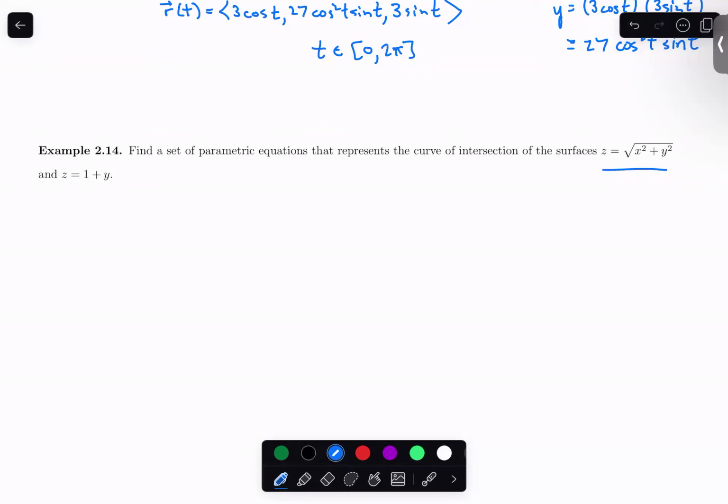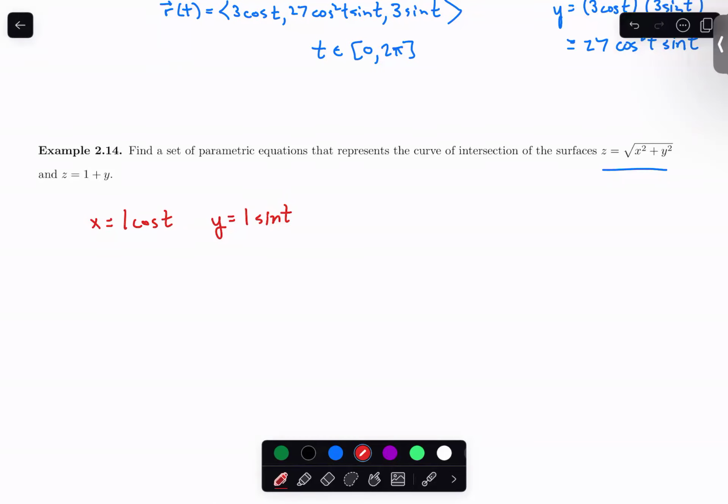Maybe sines and cosines would work out very nicely here. So maybe one of my things to try out is if x is equal to cosine t and y is equal to sine t, and just see what happens if I take that as my starting assumption, again because I see the x squared plus y squared. That's what we did last time, and it worked out for us.